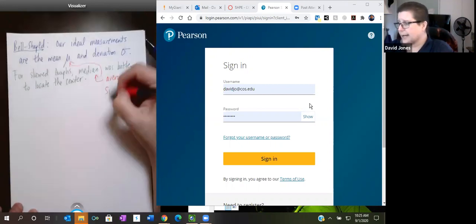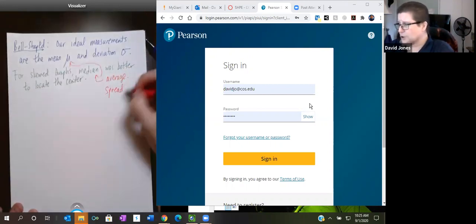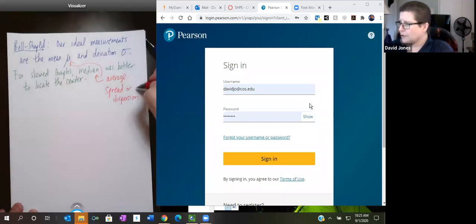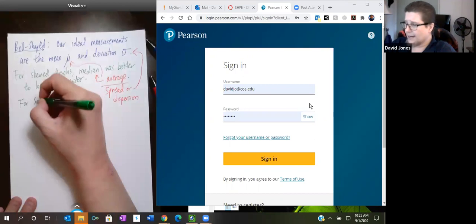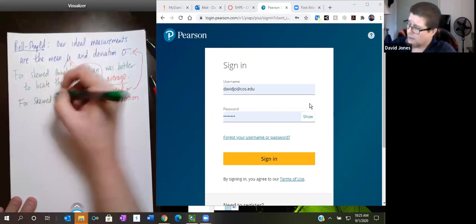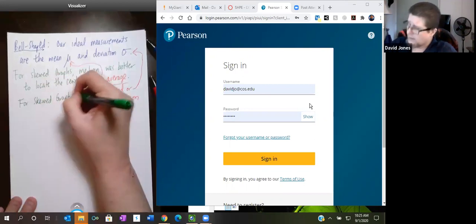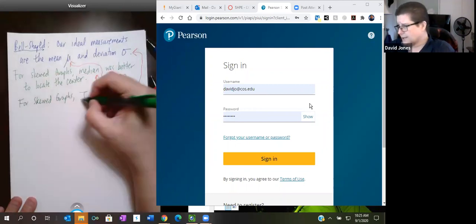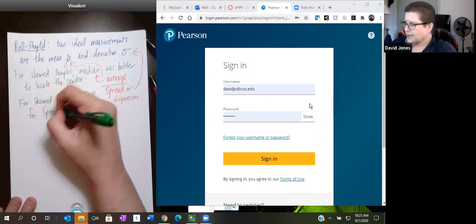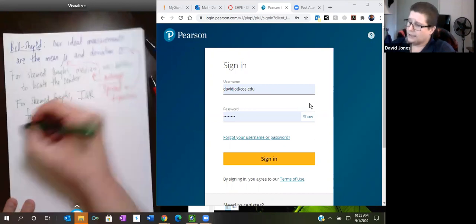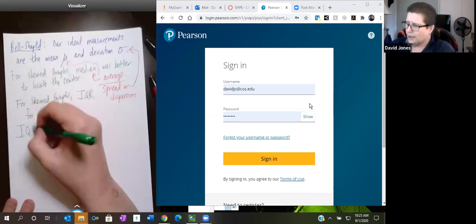And for spread or dispersion, on the bell-shaped, we did deviation. For skewed graphs, we use something called the IQR. IQR for spread. And what IQR stands for is interquartile range.